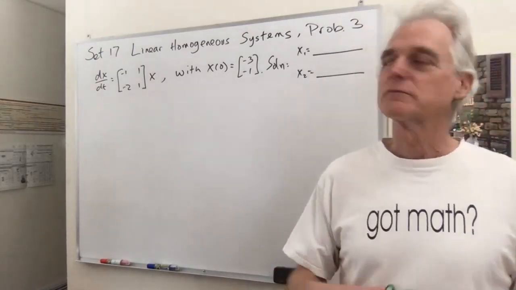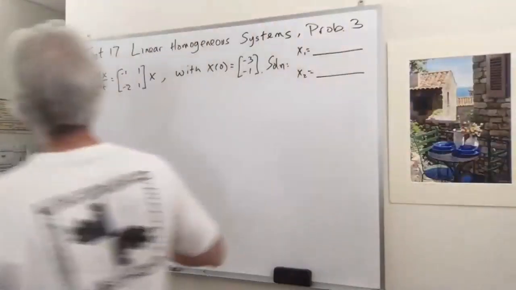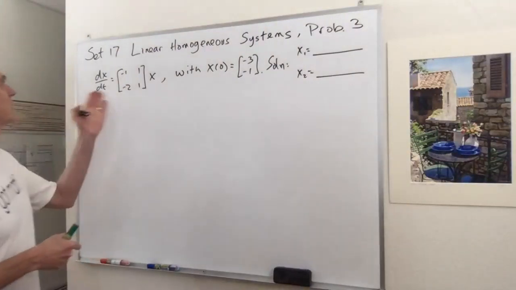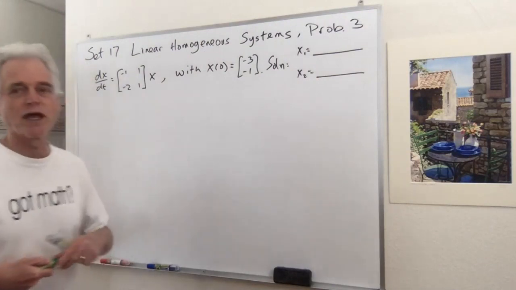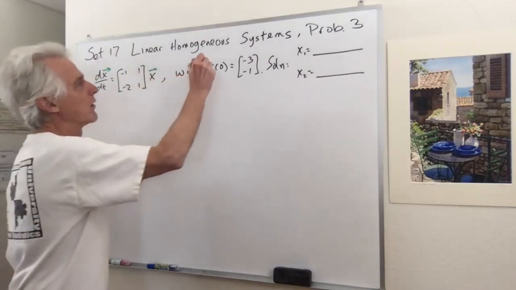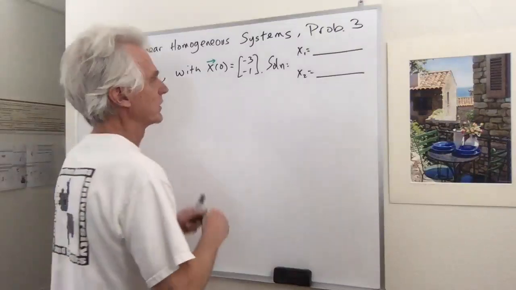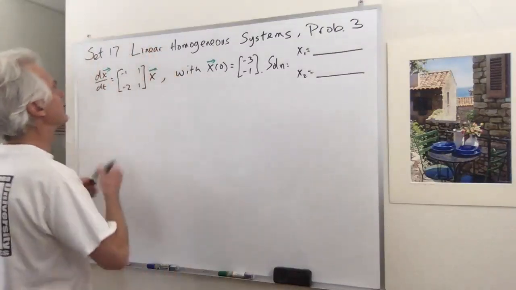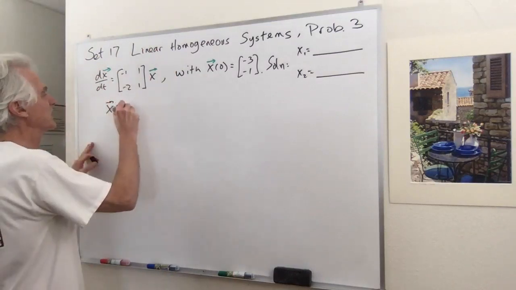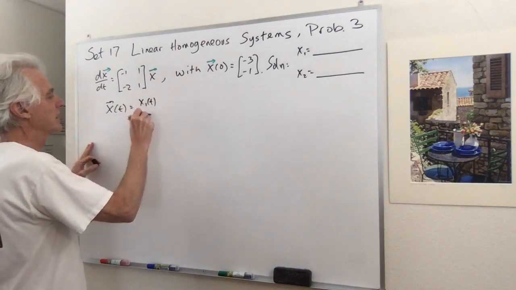Okay, so let's start. Let's start with the system, dx/dt. As I mentioned in the previous video, it's really fair to use x that way, but I prefer to put a vector symbol over it. So in this notation, the vector x, which is a function of t, so we can call it x of t, is x1 of t and x2 of t.